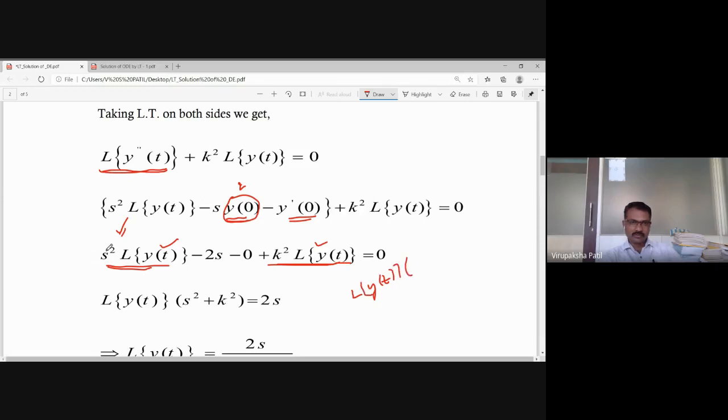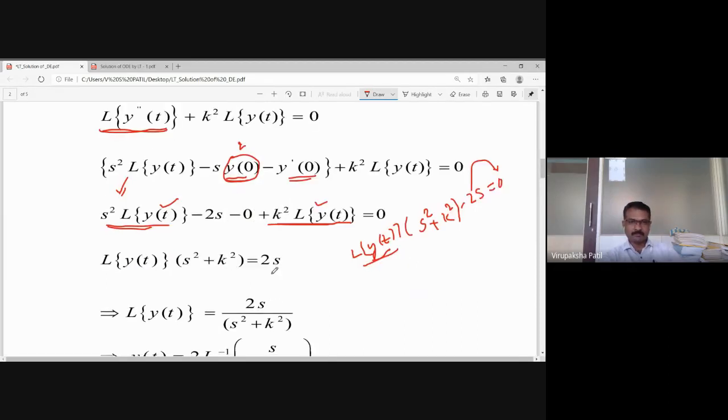From the first term, you are left with s square. From this term, you are left with k square, and one more term is remaining where L of y of t is not there, so minus 2s is equal to 0 you will get. But we want a value of this, so what will we do? Only this term we will transfer to this side, and we will write it as L of y of t into s square plus k square is equal to 2s.